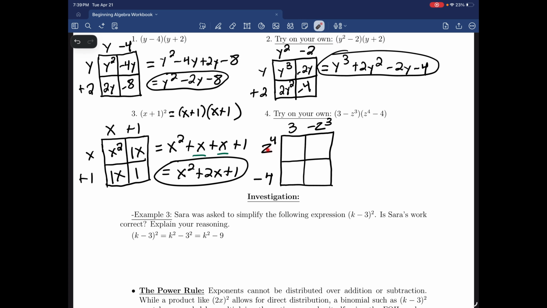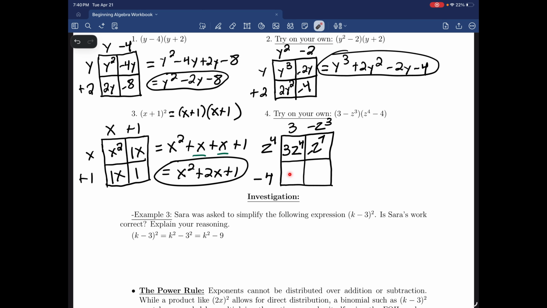So here we have z to the 4th power times 3, which becomes 3 times z to the 4th. Here in this box, we have z to the 4th times negative z cubed. And using our exponent rules, this becomes negative z to the 4 plus 3, and 4 plus 3 is 7. So this becomes negative z to the 7th power.